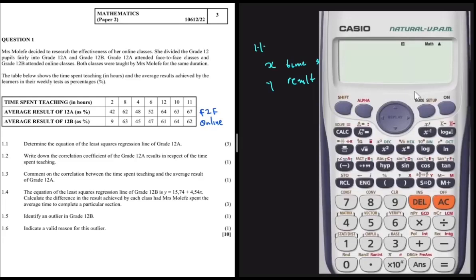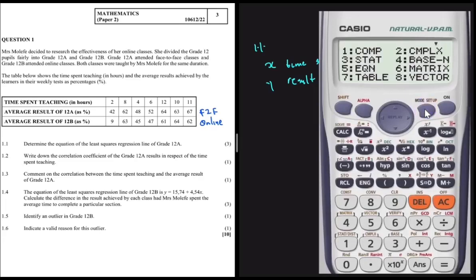On your calculator, you want to press mode or setup, and then this menu will pop up. When this menu pops up, you press 3, and then another menu will pop up. We're looking for the equation of the least squares regression line, which says y equals a plus bx.